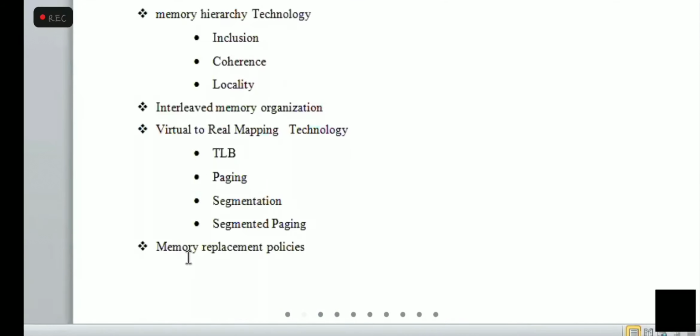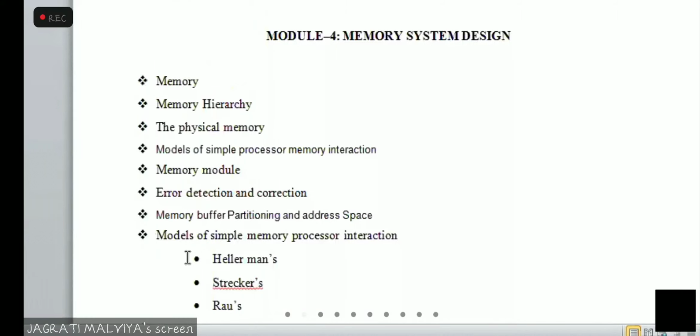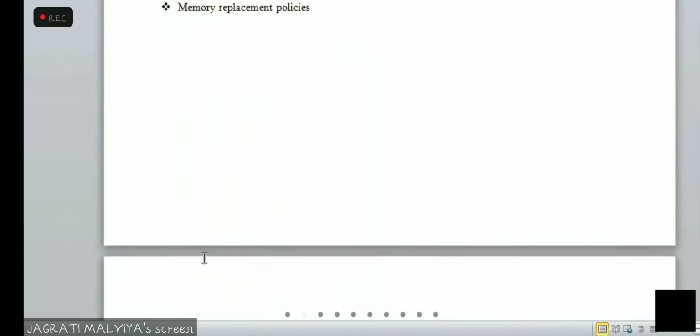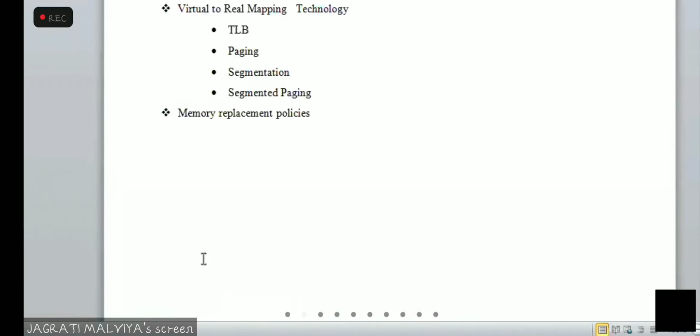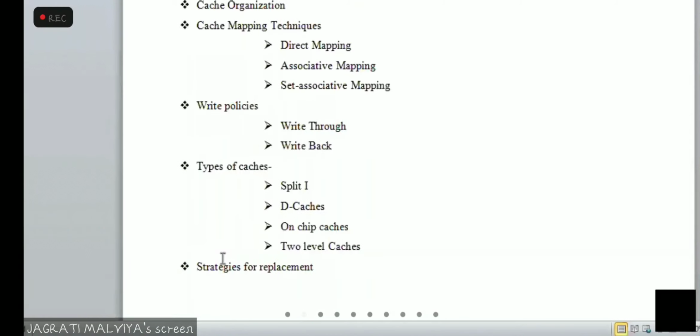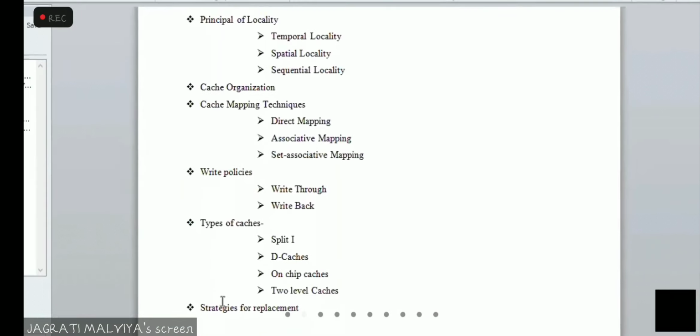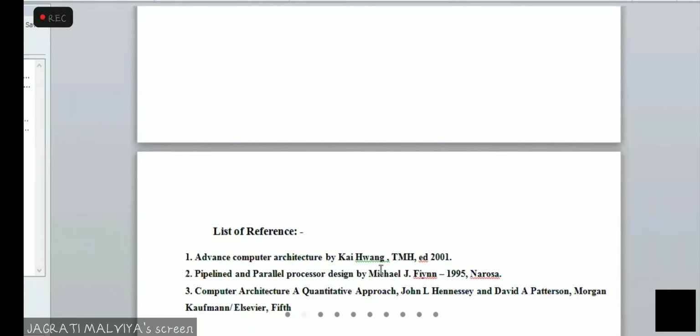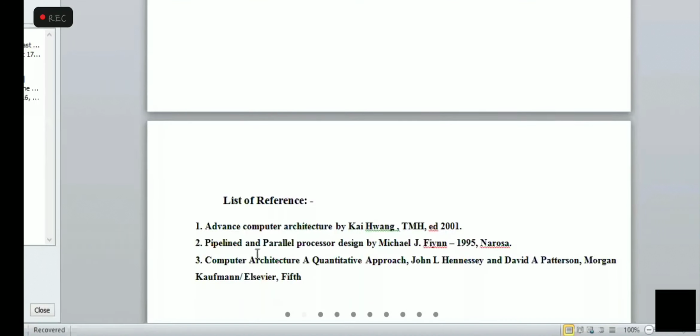So these are the topics of module 4, and these four modules cover your whole syllabus. The reference books are Advanced Computer Architecture by Kai Hwang, Pipeline and Parallel Processor Design by Michael J. Flynn, and Computer Architecture: A Quantitative Approach.